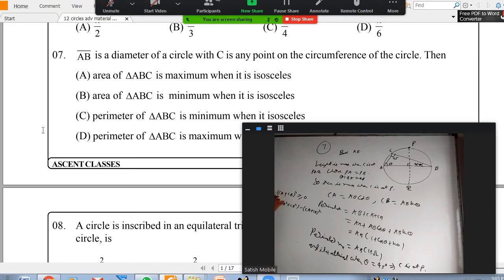So CA plus CB whole square is less than or equal to 2 into CA square plus CB square, which is 2AB square. That is the maximum, and the maximum is attained when CA minus CB equals 0, that is CA equal to CB, which is the isosceles form.